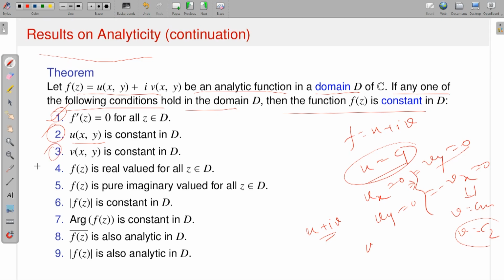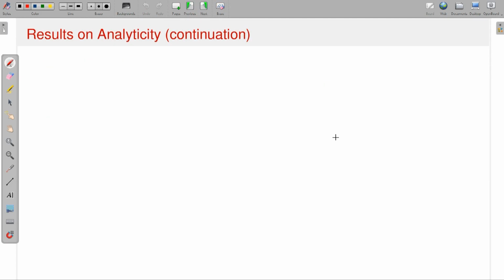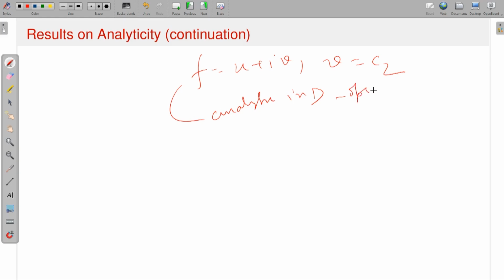Similarly, now you can guess how to prove 3. So you have an analytic function f equal to u plus iv where v is constant. Since v is constant, again just repeat the same process. So here f is equal to u plus iv, v is constant, say C2, f is analytic in D, which is open and connected.